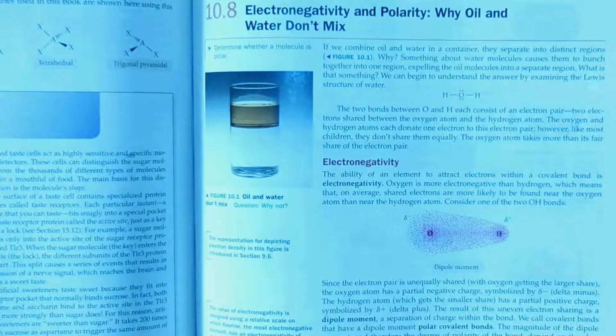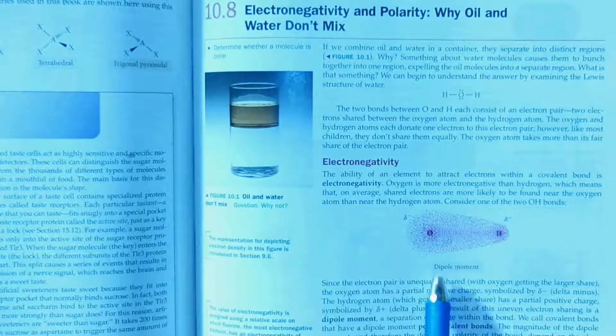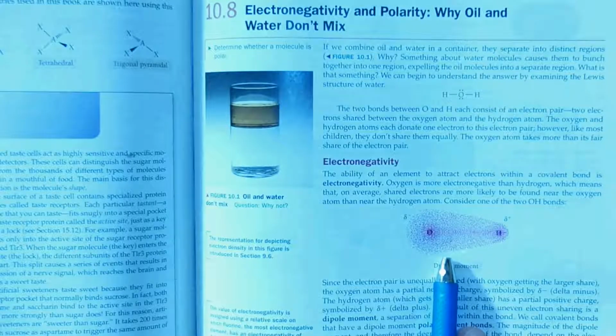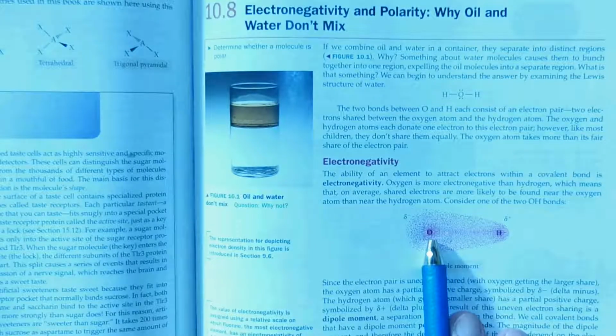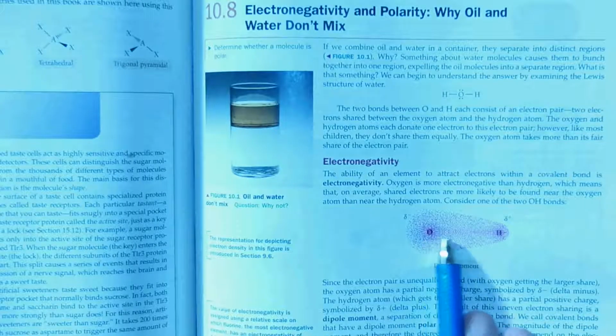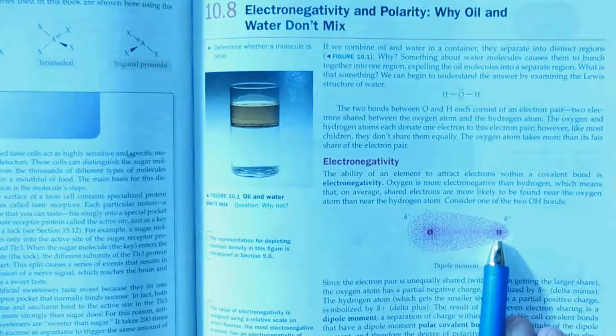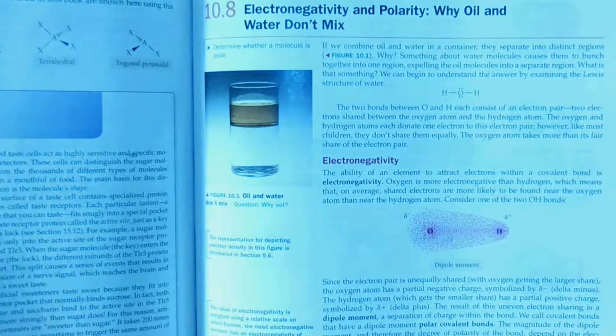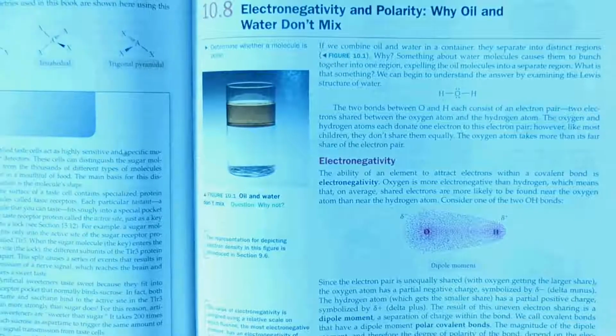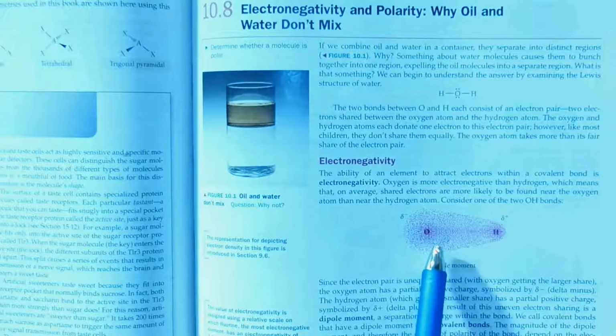Now, a little bit of review is in order. And the pictures on the printed notes I took right from the textbook here. They look a little better in the textbook, so I'll stick with this. When you have a covalent bond, say you have a covalent bond between this oxygen and this hydrogen. Well, because oxygen is more electronegative, oxygen is going to pull electrons towards it.